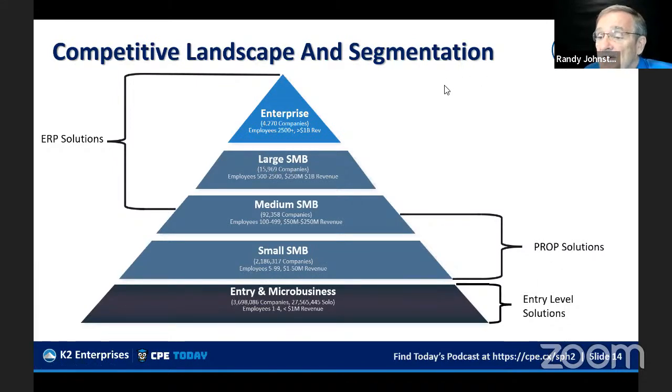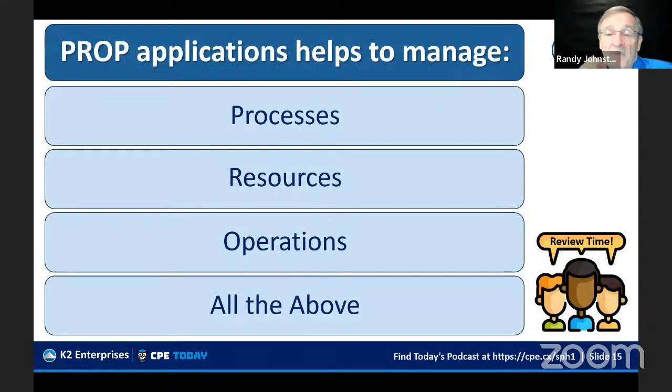So if you consider the options here, PROP applications help us manage processes, resources, operations, or all of the above? And as you're thinking about that, you'll notice that the acronym does lead to what we're talking about here. We believe that most small businesses need to manage their processes. Those are often called workflows.